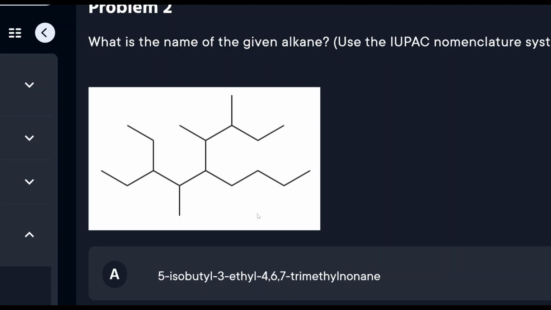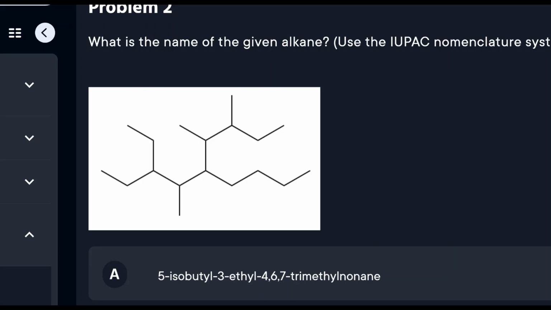Next up, we want to look at all of our functional groups. We have an ethyl here, a methyl here, a methyl here and a methyl here. And over here, as I said, we have a butyl. What is important to know with IUPAC nomenclature is that you want to put things in alphabetical order.